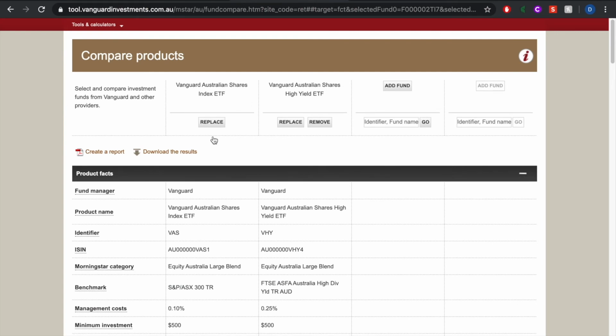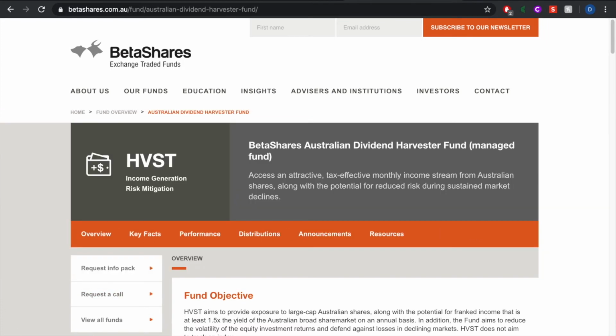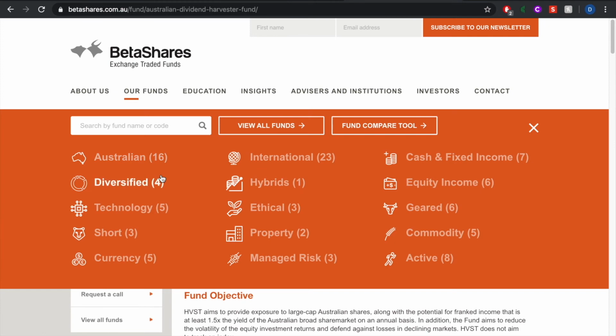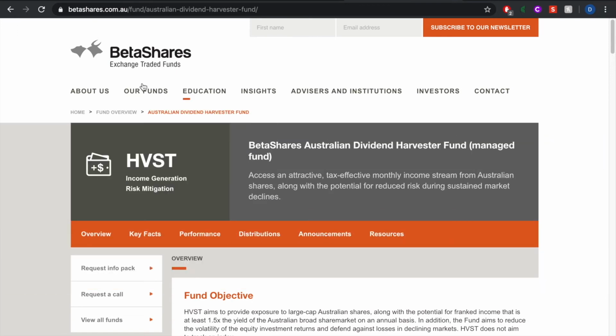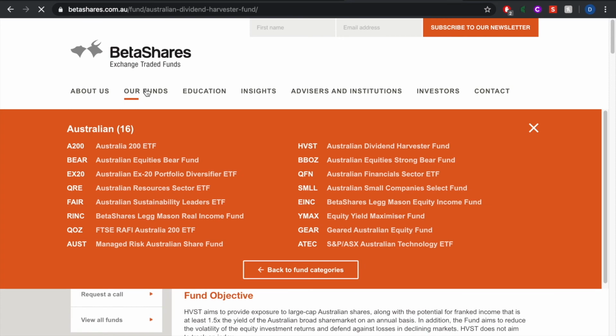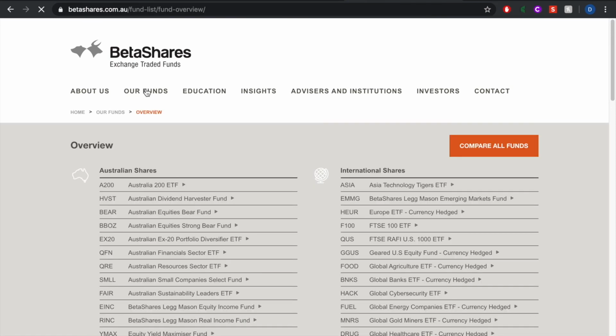Now, the good thing about this platform is you could also compare this with other products. So what you want to do is come to BetaShares or any websites that, say for example, you want to go to BetaShares and look at Australian shares, and here you go. These are the list of shares where you can compare them. So I'll just click on here to be more specific.